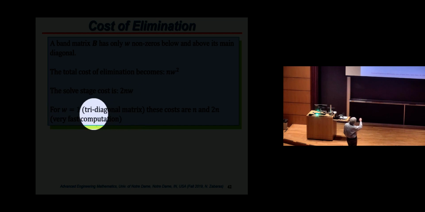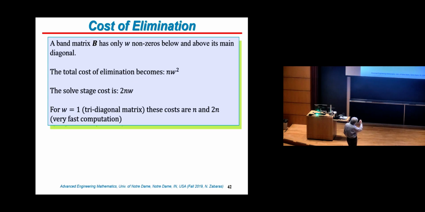And if somehow your problem gives you a tridiagonal matrix, so there is only one line above your diagonal and one below, the cost of elimination and solving Ax equal b is proportional to n and 2n. That's very fast. All right?